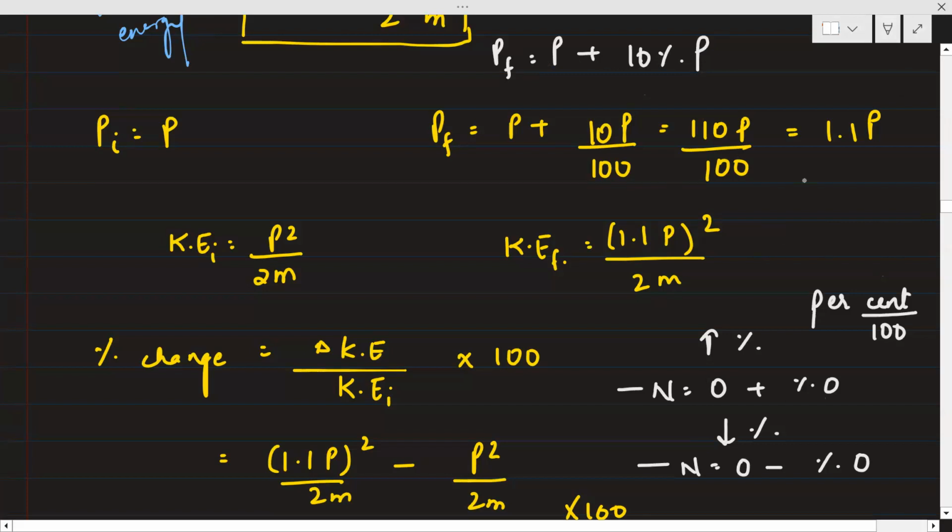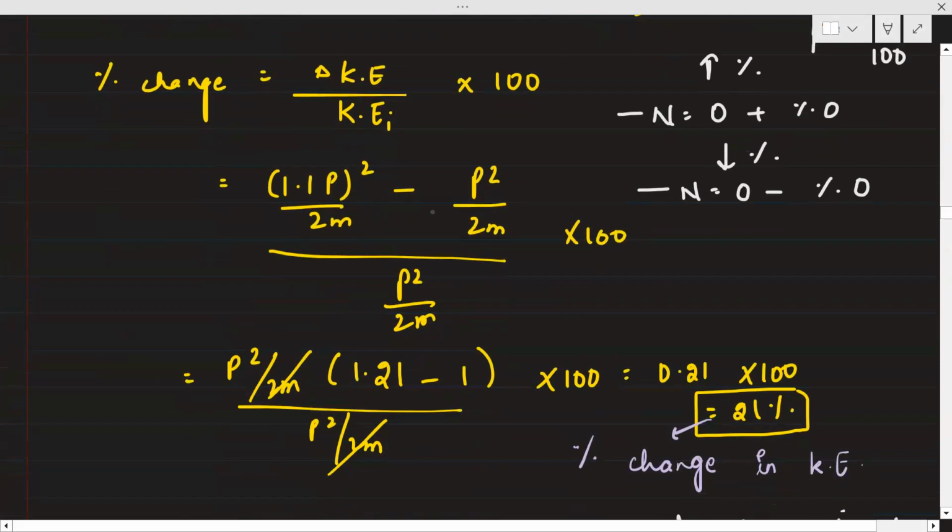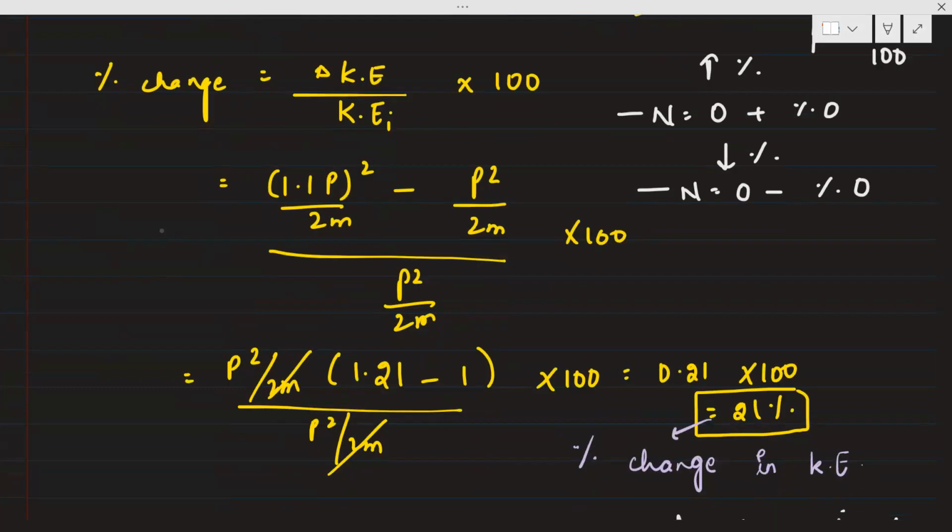Okay. And here also, whenever you have to calculate the percentage change, like in your school when you calculate the marks, what you do? You take your own marks divided by the total marks into 100. So whenever you have to calculate the percentage of any quantity, you take the change divided by original into 100.